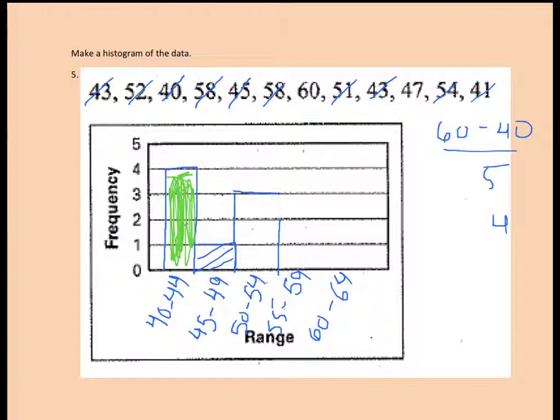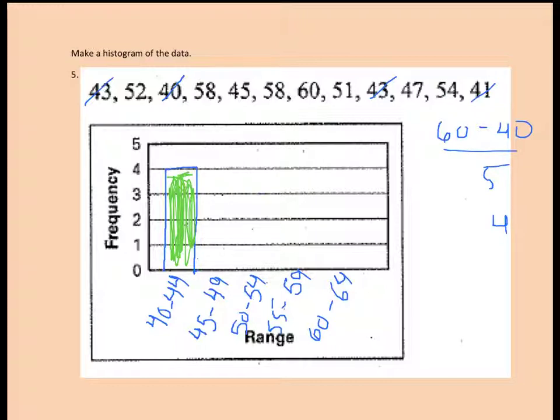Just realized that. So let's back up. See, this is why I cross them off. 45 to 49. So hold on. Okay, 45 to 49.